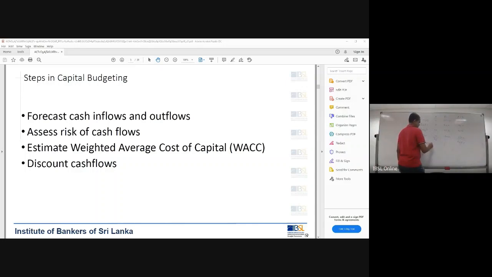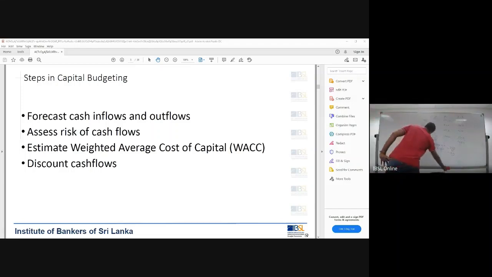This gives the weighted average cost of an apple. 4,450 divided by 45. 98.89. Okay, so this is weighted average cost.